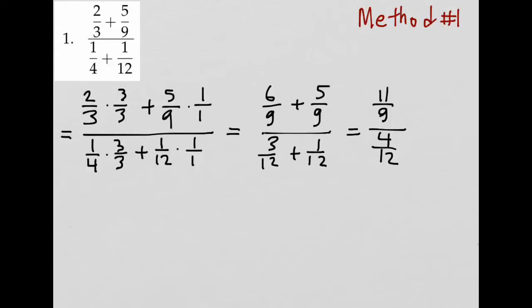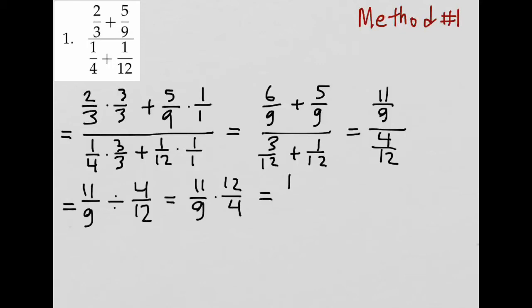Now I'm going to turn the problem into a division problem as follows. That's equal to 11 over 9 divided by 4 over 12, which in turn equals 11 over 9 times the reciprocal of 4 over 12, which is 12 over 4.